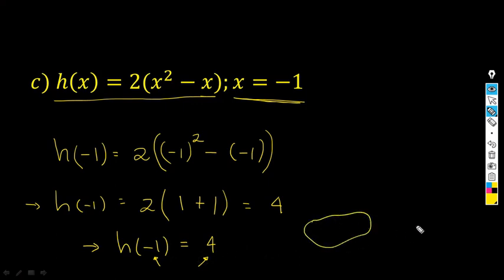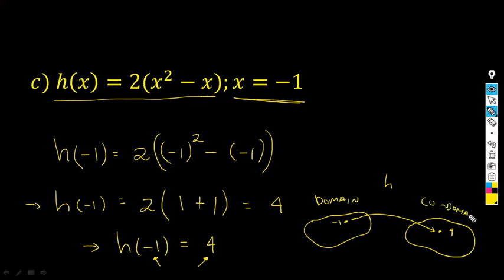And in the representation of sets, what h is doing is this. It's taking this number, this element of this set, remember this is the domain of the function, and it's transforming it into the output 4 of this set, which is called the codomain. There are many words for you to learn today. Okay, that's what this machine is doing, or this function.